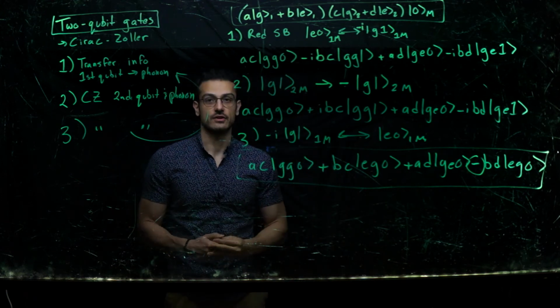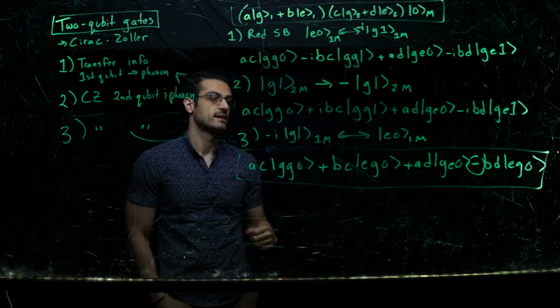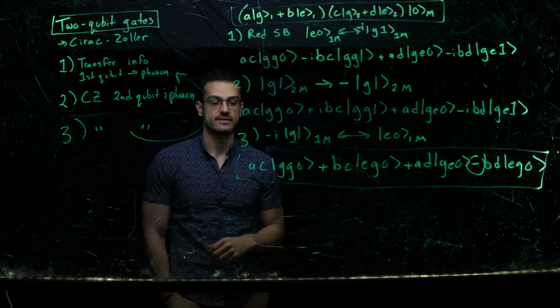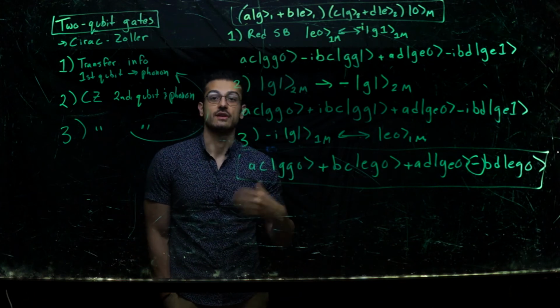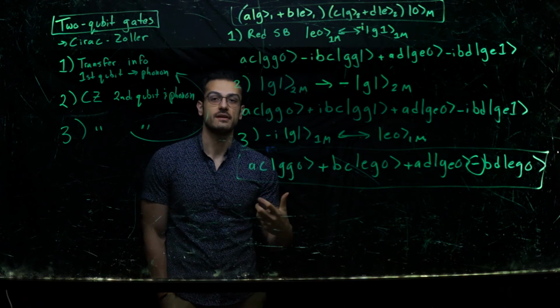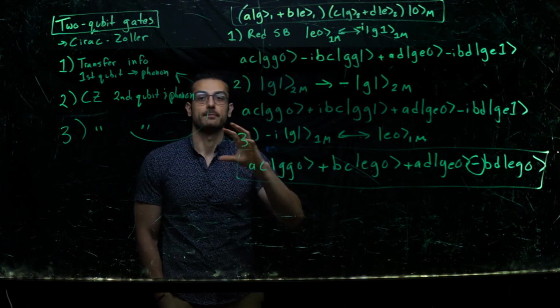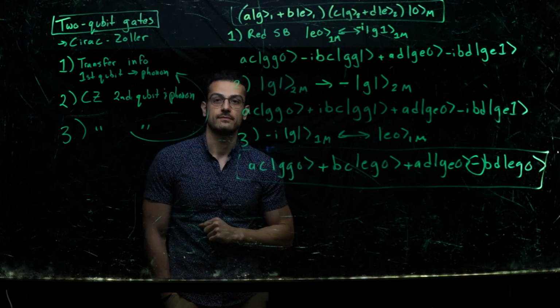And so this is the effect of a control Z gate. So a control Z gate in the basis of four states leaves three of them unchanged and adds a phase to one of them. So this is the same underlying principle that's used in all other two-qubit gates in trapped ions. We use the phonon mode as an intermediary in which we sort of bus over quantum information between different qubits.